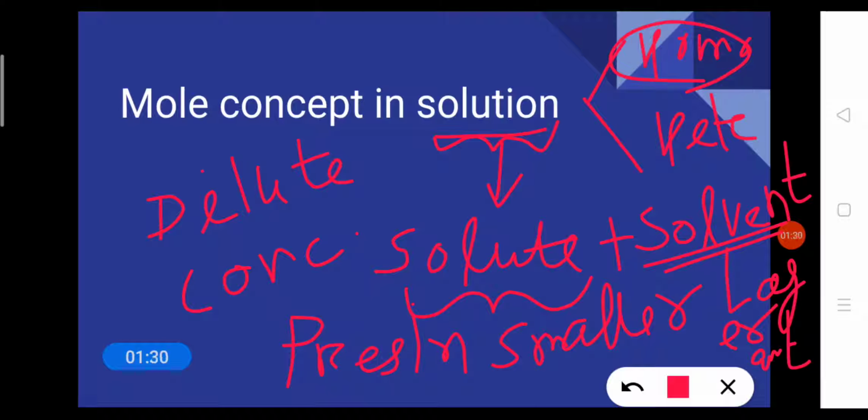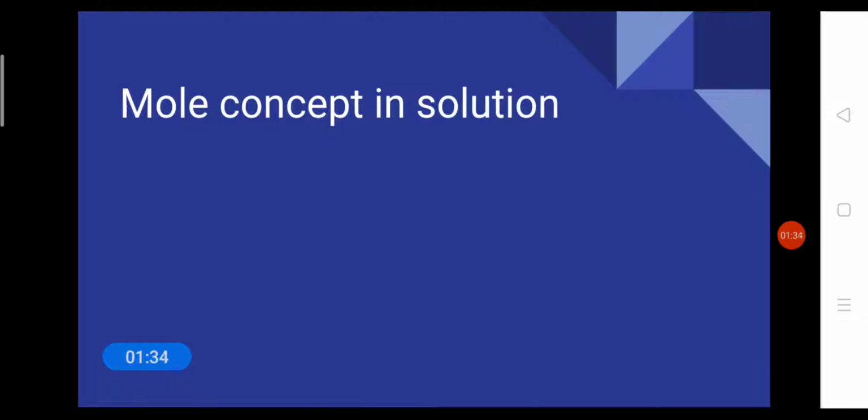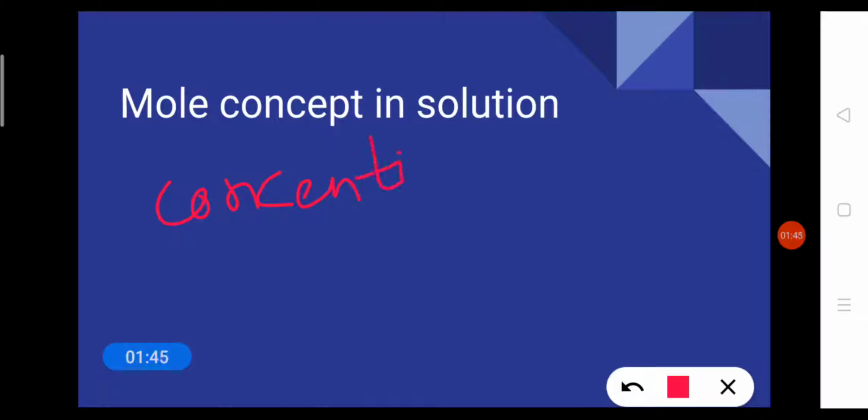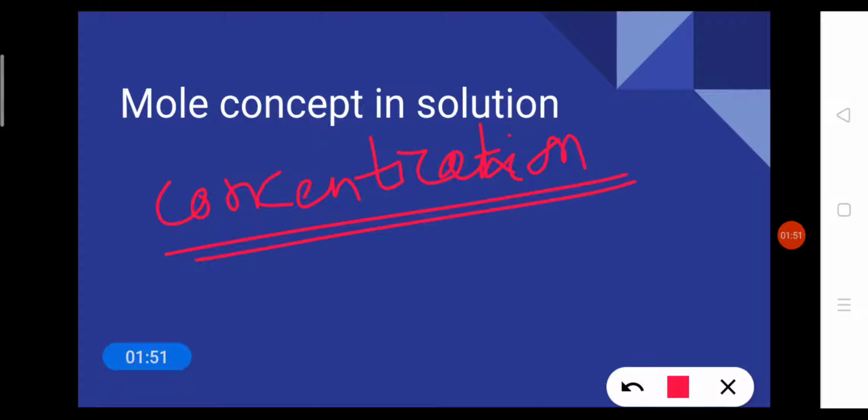Then let's start. In this class we will discuss normality, molarity and molality, which are the units of concentration measurement. For concentration measurement, three units are used.